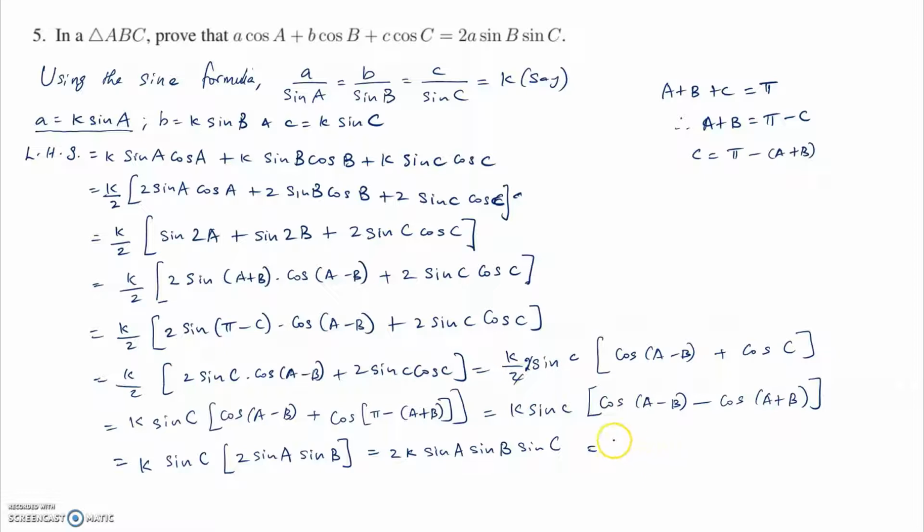So this is equal to 2 times a sin B sin C, which is equal to the right hand side, hence the proof.